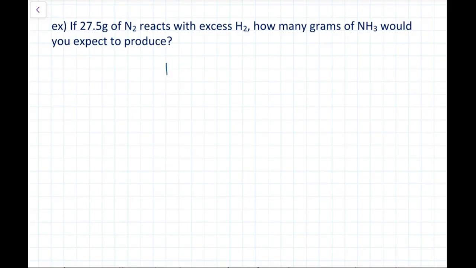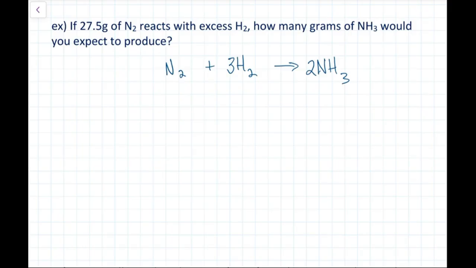N2 reacts with H2, just a simple synthesis reaction, to give us NH3. To balance, since I have a 2 on the left in terms of hydrogens and a 3 on the right, I'm going to go to 6, which means 3 on the left and 2 on the right, and that balances everything.